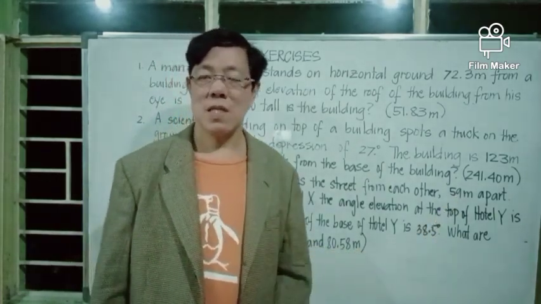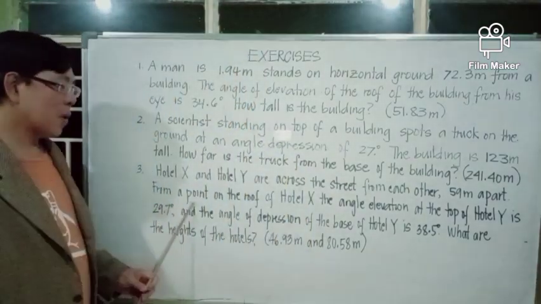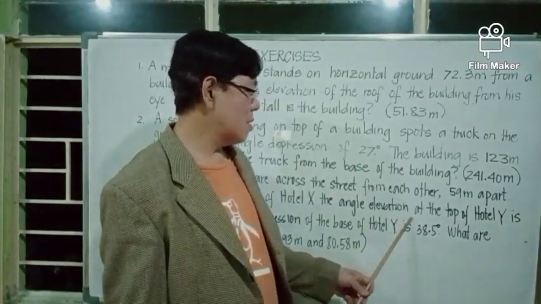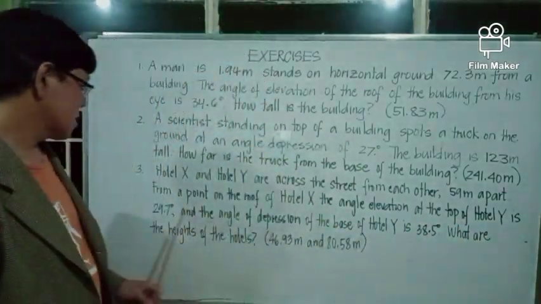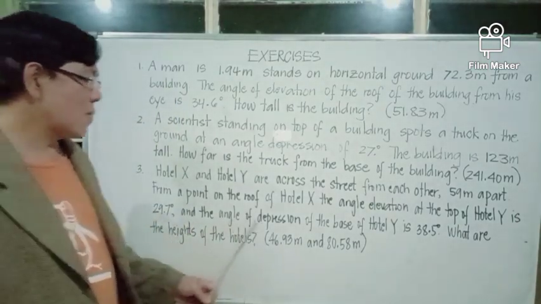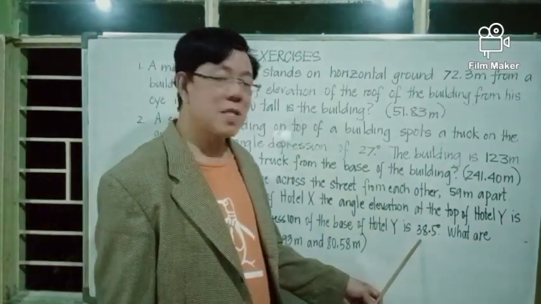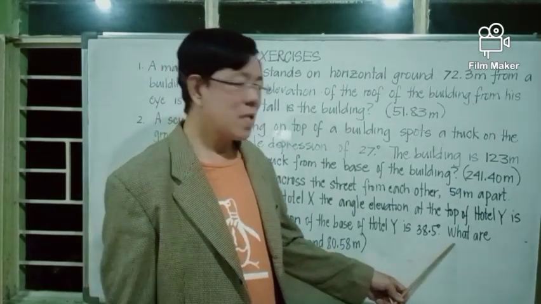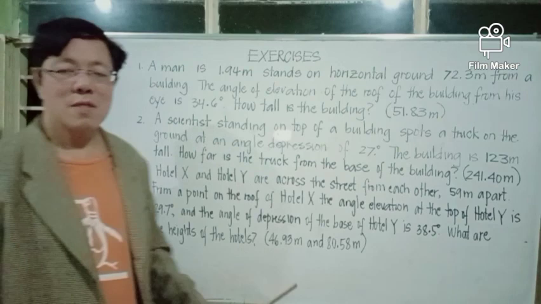That is, the street is 59 meters wide. From a point on the roof of Hotel X, the angle of elevation at the top of Hotel Y is 29.7 degrees, and the angle of depression of the base of Hotel Y is 38.5 degrees. What are the heights of the hotels?